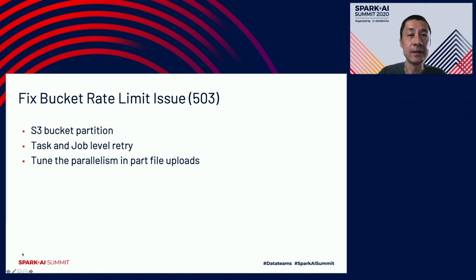However, we don't feel this solution is reliable, so we implemented our own task level and job level exponential backoff logic in the S3 committer. We also made the parallelism of part file upload tunable, so users can tune their job to maximize the throughput and, in the meantime, avoid exceeding the S3 limit.